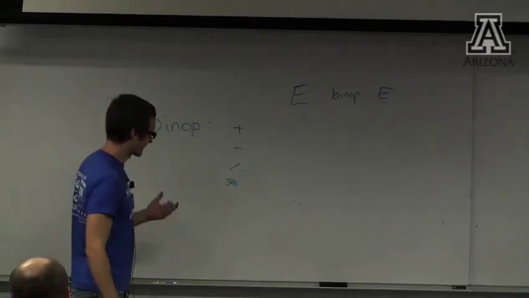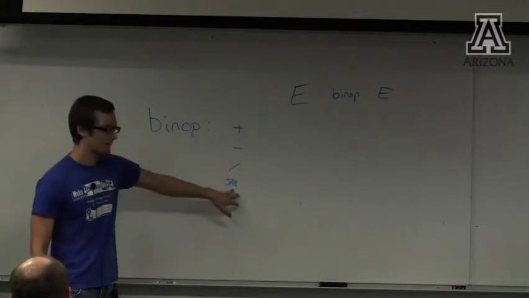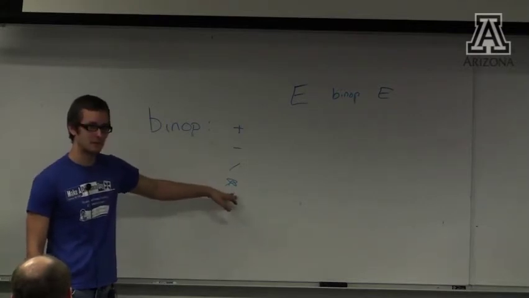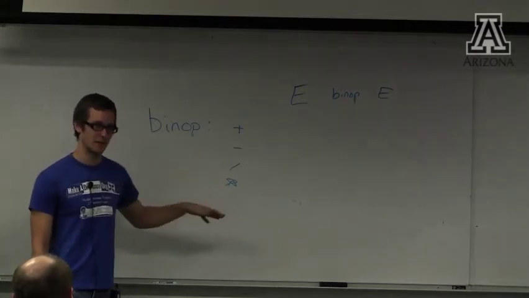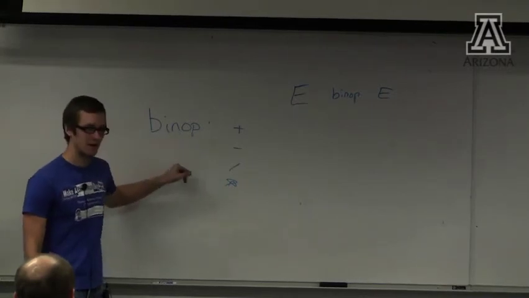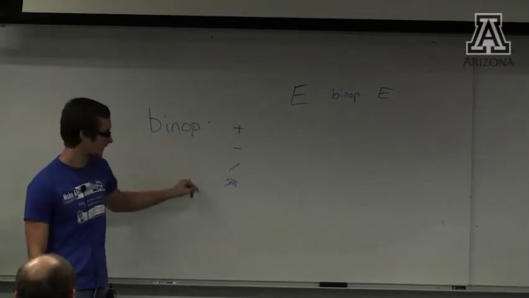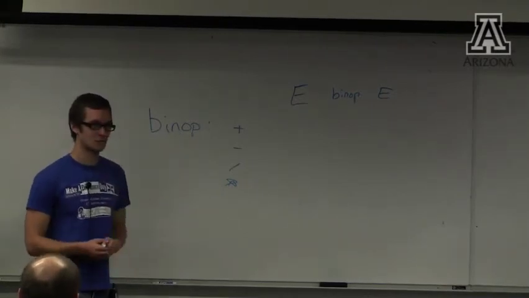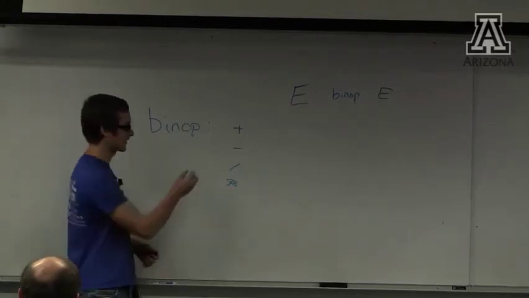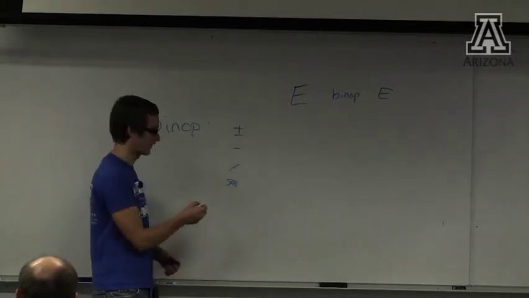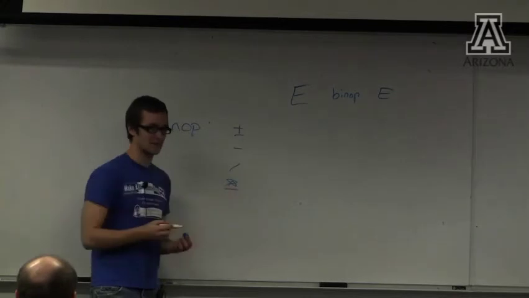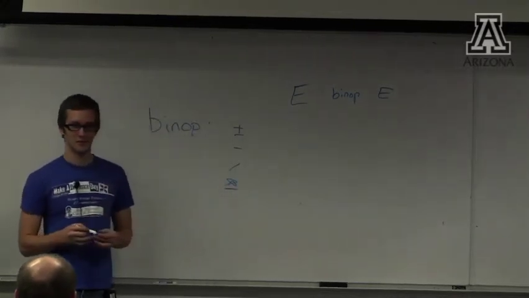But to basically understand it, it makes sense for these to have precedence. We've seen how that works. But let's say I want to give binop a precedence. Who does it inherit precedence from? Does it get the plus's precedence, or does it get the times precedence? Those are very different.